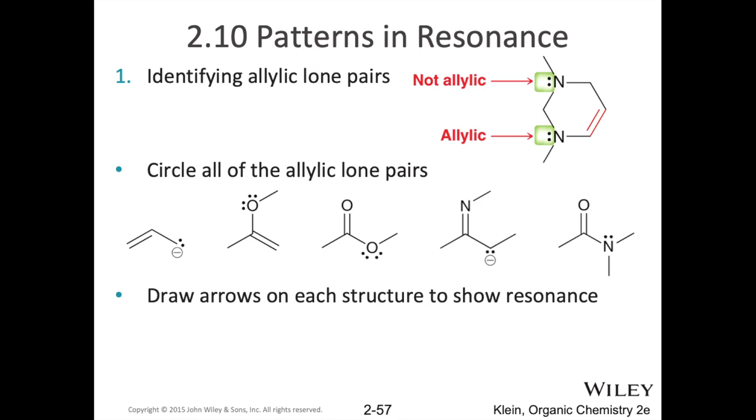You want to get comfortable with seeing that pattern. Let's look at each of these examples where we have a lone pair in an allylic position, and then draw the resulting resonance structure. Take a second and draw that. Feel free to pause the video, and I will go to the next slide and show you how this works.